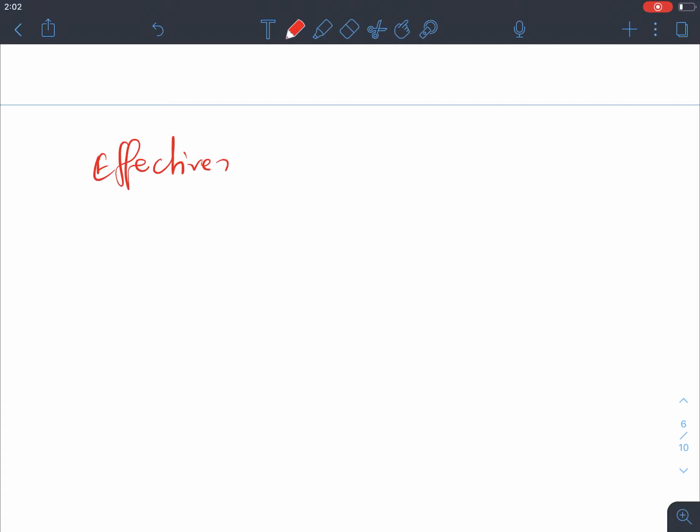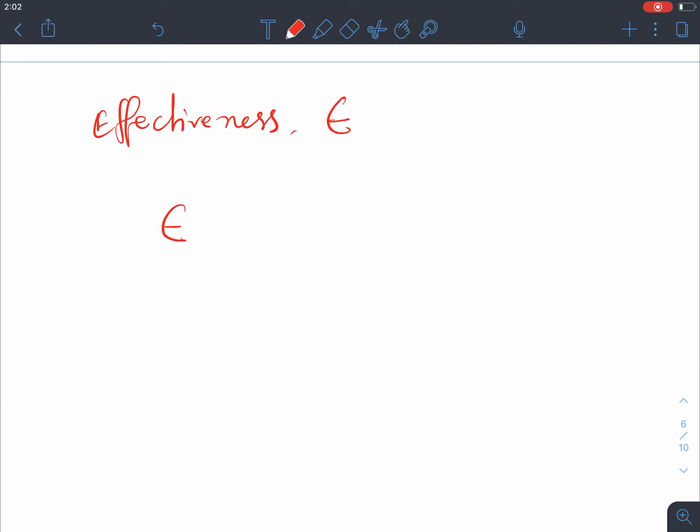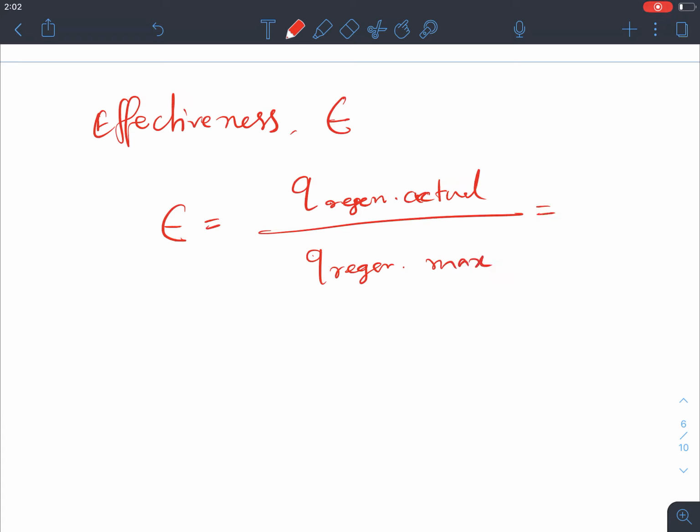To quantify that, we use a term called effectiveness, expressed by epsilon. So epsilon equals Q regeneration actual versus Q regeneration maximum, right?